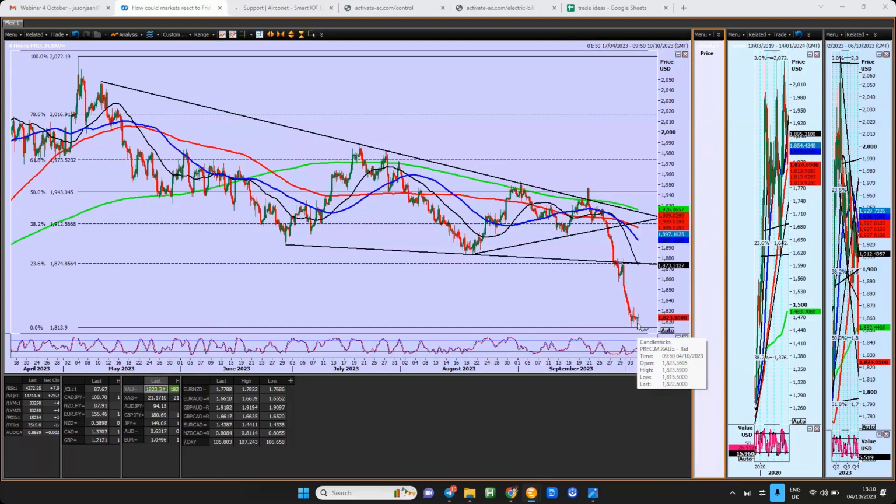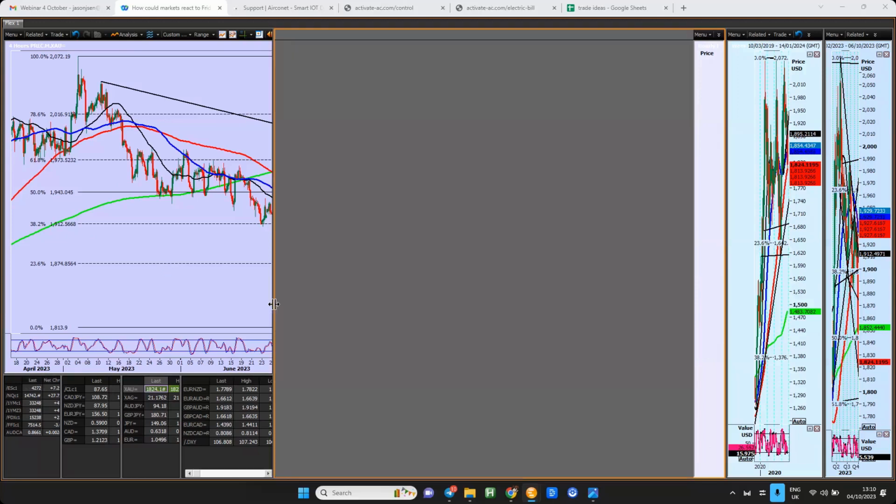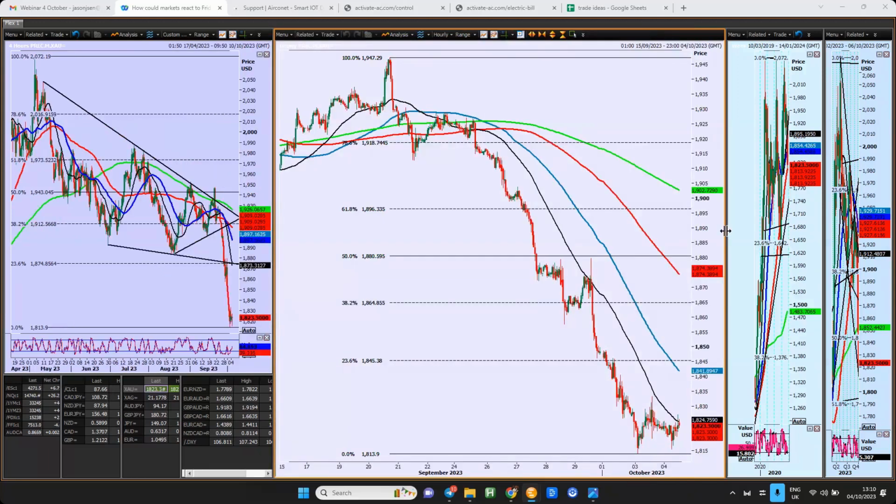I don't know whether we can retrace it in a sort of V-shaped scenario, but I wouldn't be surprised to see the market come up and retest a sort of 1870, 1875 area, and I would be getting into a short position there. Looks like a really strong resistance level, 23.6% fib, the trend line on the 4-hour chart. So that's my scenario for gold right now.